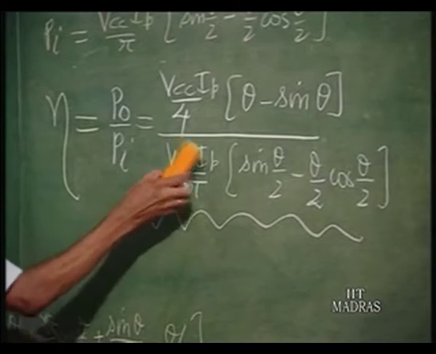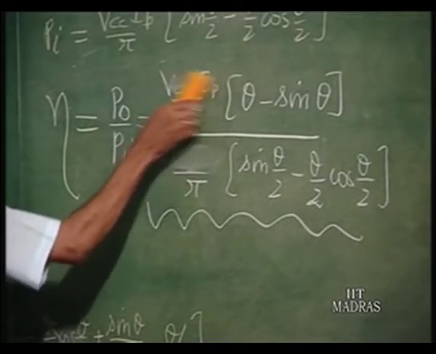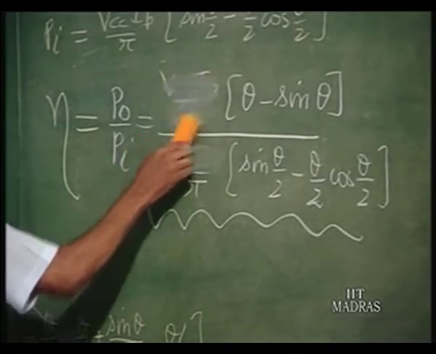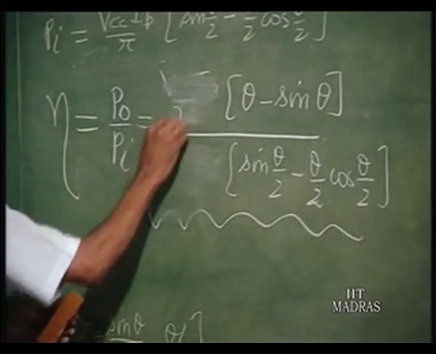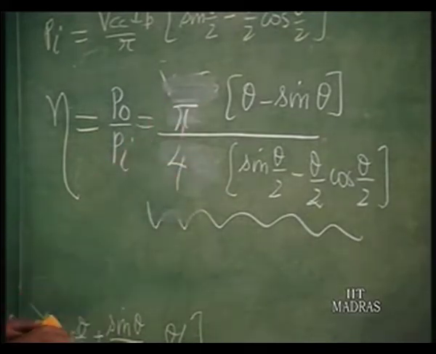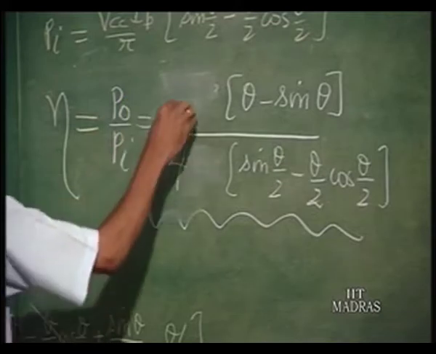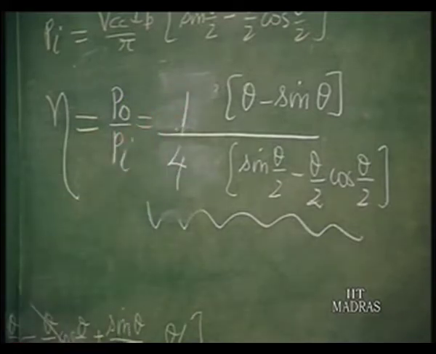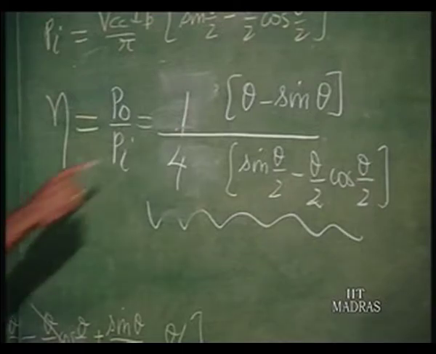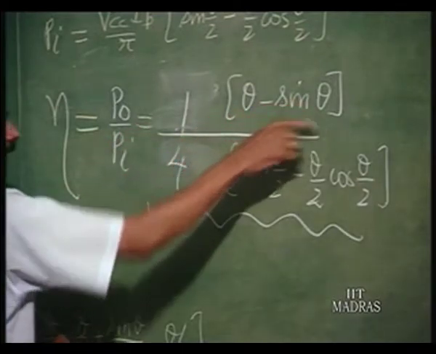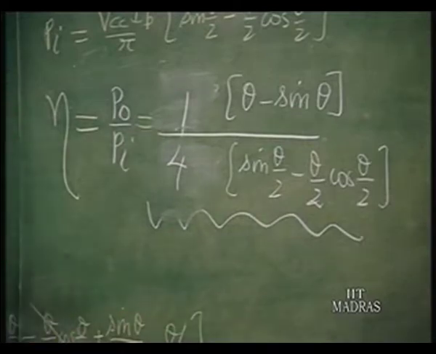So, VCC IP is therefore independent of that, and VCC IP by pi is in both the things. In one it is by 4. So, only 4 will be there: pi by 4 into theta minus sin theta over sin theta by 2 minus theta by 2 cos theta by 2.